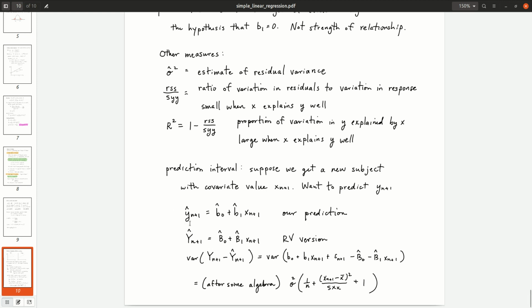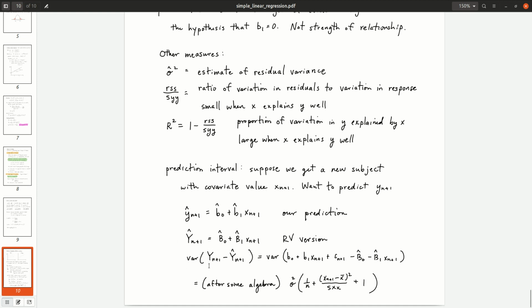Our prediction, I'm going to call this y hat n plus 1, just depends on the new covariate value and our current estimates of the intercept and the slope. Now the random variable version of this is capital Y hat n plus 1, where we're plugging in random variable versions here. And the measure of how well x predicts y is going to be the variance of this.